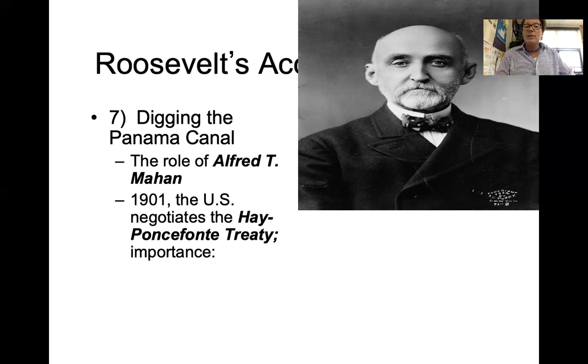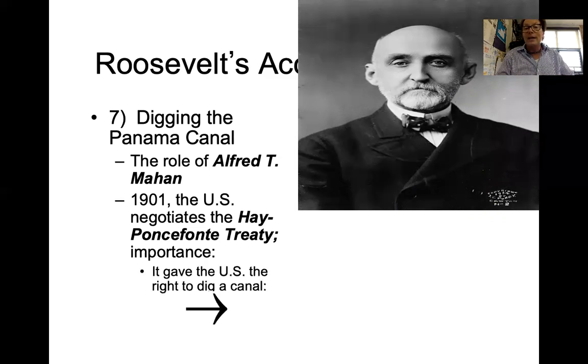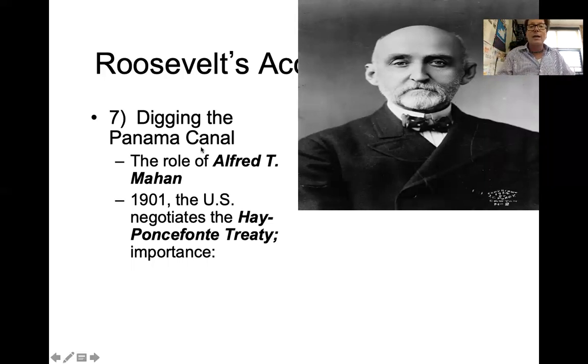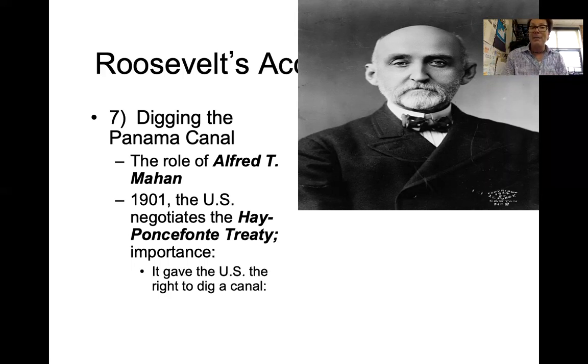So one of the things that Roosevelt wanted to do was to basically give the United States the right to dig a canal. So in 1901, the United States is going to negotiate what's called the Hay-Pauncefote Treaty. And what this treaty did was it allowed the United States now the ability to actually go and dig a canal through a country called Panama.